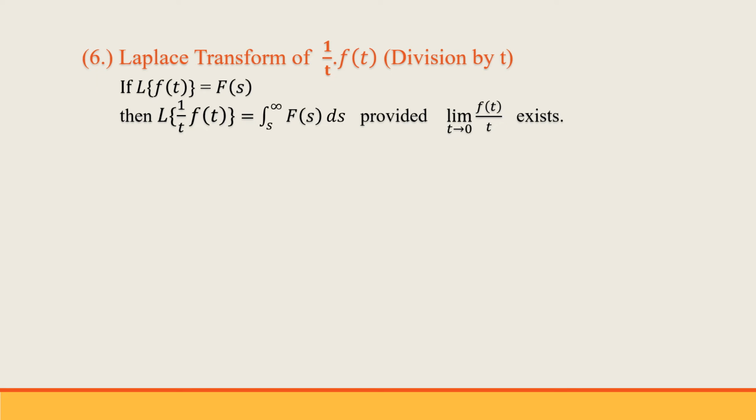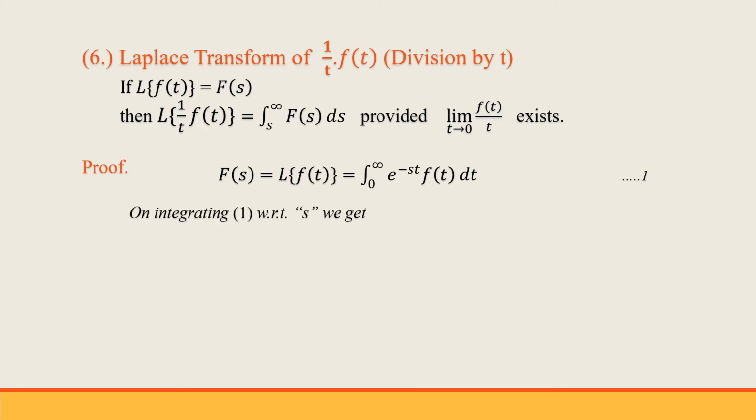So again we will start from the basic definition, that is F(s), or Laplace transform of f(t), is integral 0 to infinity e raised to the power minus st into f(t) dt, and integrate this both sides with respect to s.